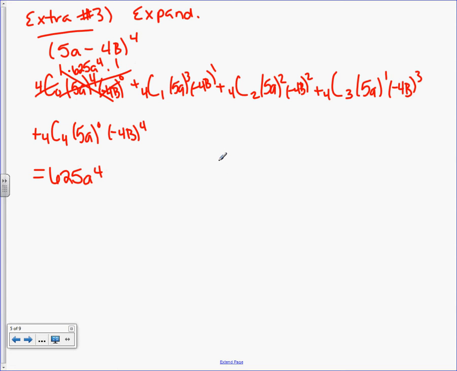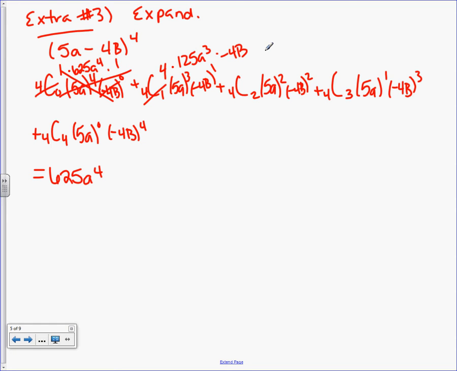Okay? We also have a property for NC1 if you want to use it. What's NC1? N, so 4C1 is 4, or you can punch it in. It's no big deal. It doesn't take any longer, right? What is 5a to the 3? 125a to the 3, right? And negative 4b to the 1 is negative 4b.